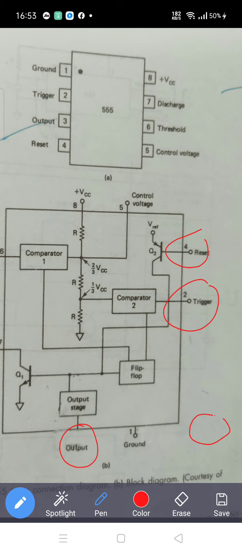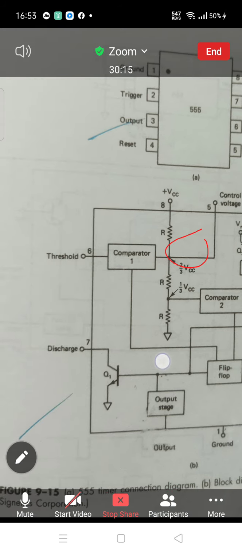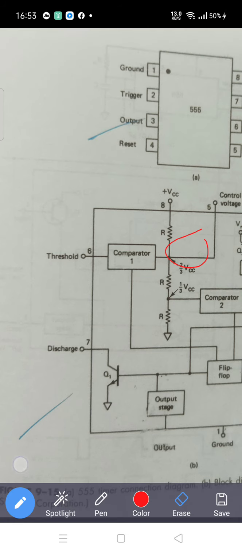Then pin number 5 will be the control voltage, and pin number 6 is the threshold. Okay, pin number 7 will be discharge, and pin number 8 will be plus VCC.